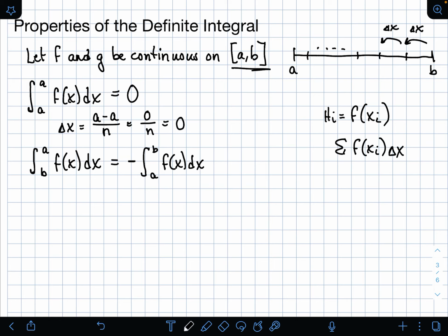So that is an interesting thing, that we can integrate in the opposite direction. And if we do, we get the same value, but with the opposite sign. This again is consistent with everything in the coordinate plane, that negative or positive simply indicates direction. Now, here's another very curious property.